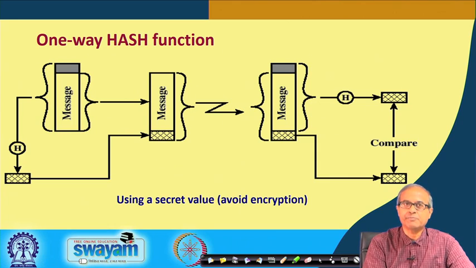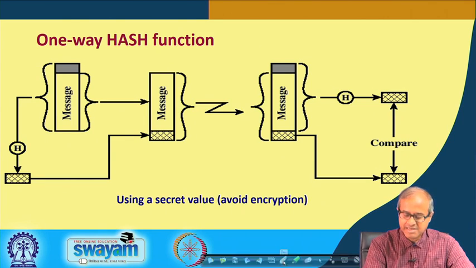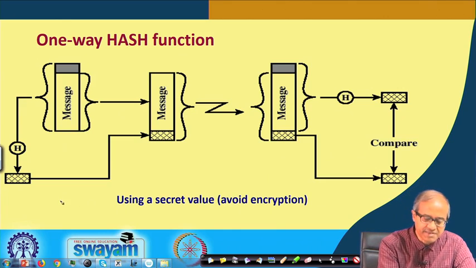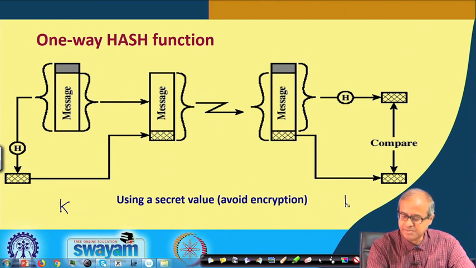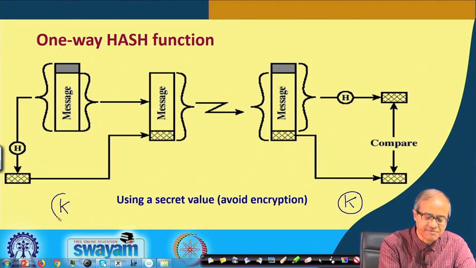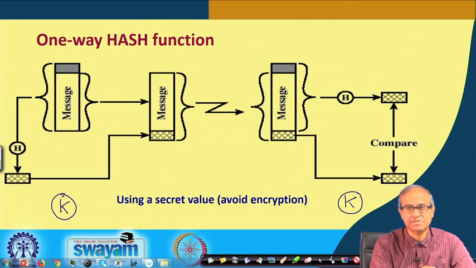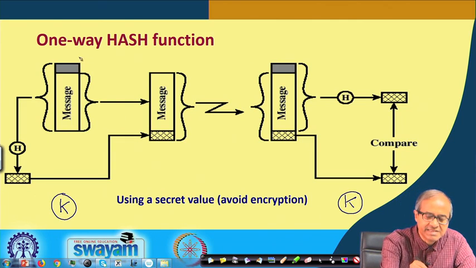There is another approach where we try to avoid encryption. Let us assume that we have some kind of secret value k, like a key, shared by the sender and receiver, but we are not using this value k for encryption and decryption. What we do is append this k to the message.